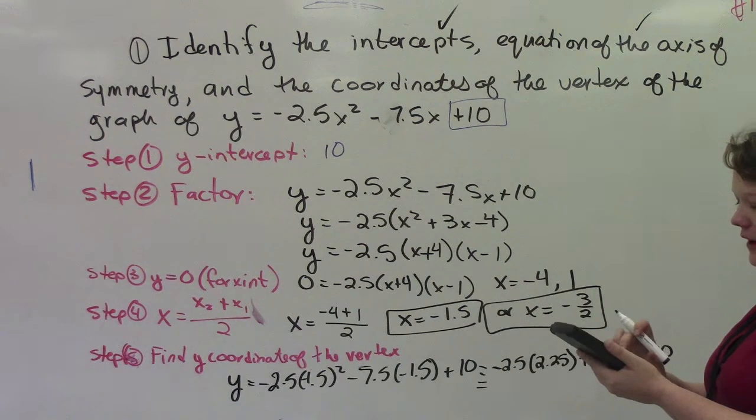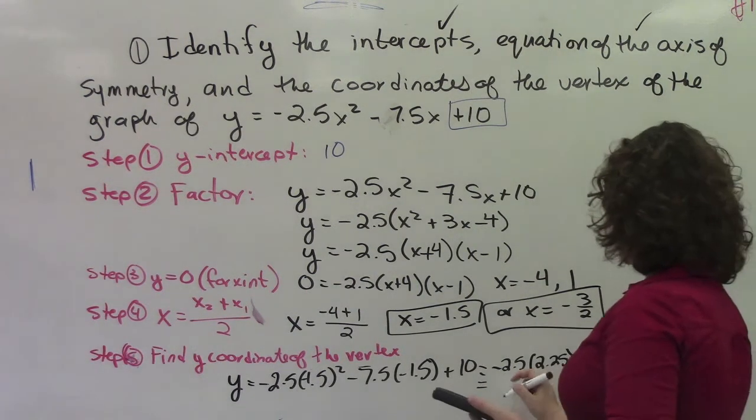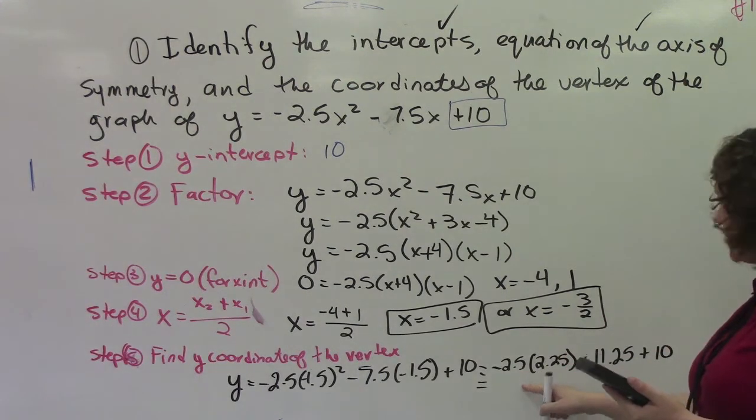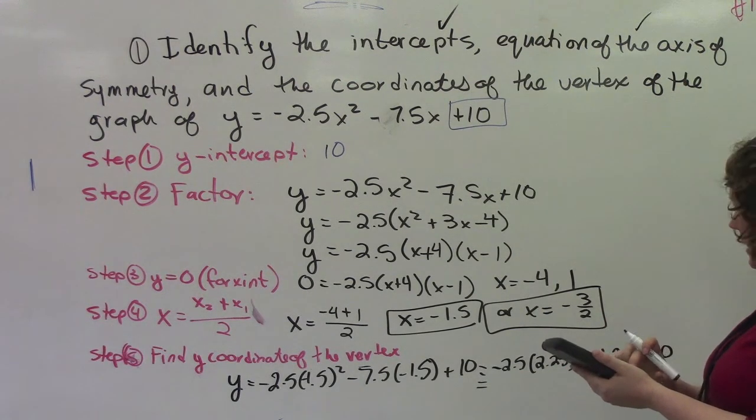Negative 2.5 times 2.25 equals negative 5.625 plus 11.25 plus 10.